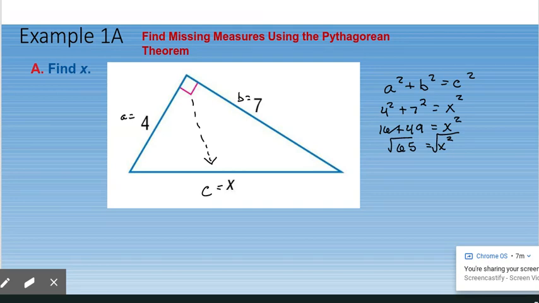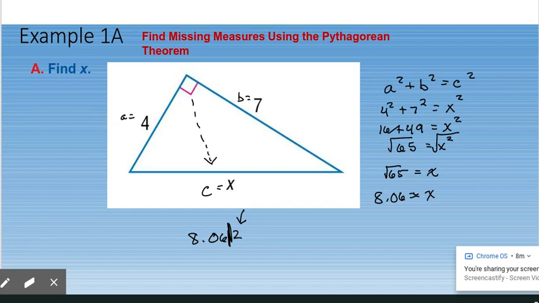And I would have the square root of 65 equals x. Now, if you wanted a decimal, which is what I typically use, square root of 65, I would round to the 100th. So I'm getting 8.062. So I'm going to round to here. I'm going to use this to tell me that's 4 or less, let it rest. So I'd say it's about 8.06.